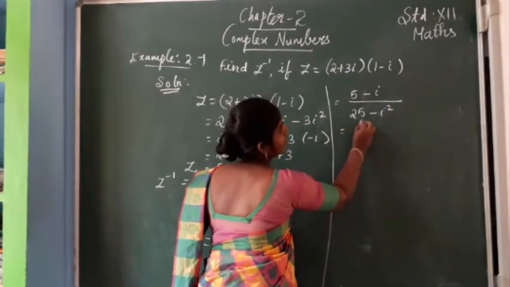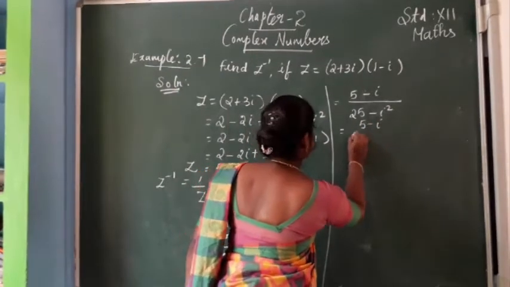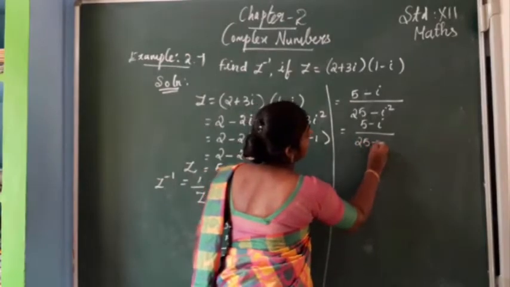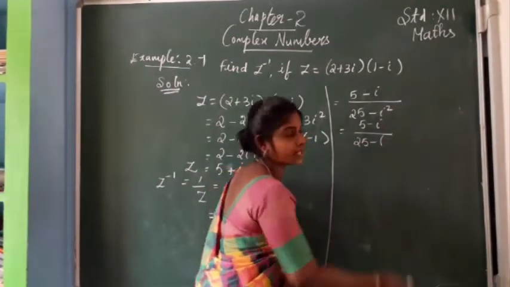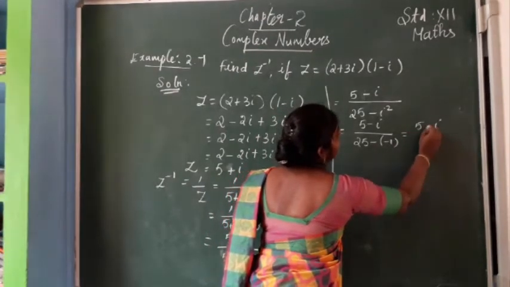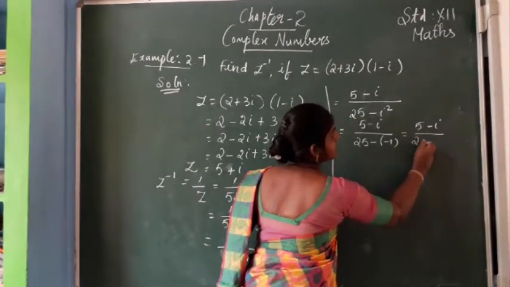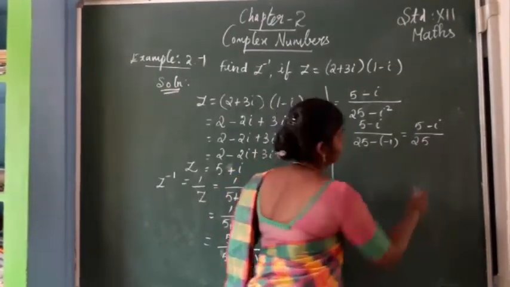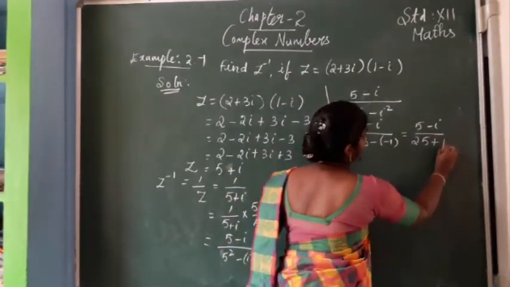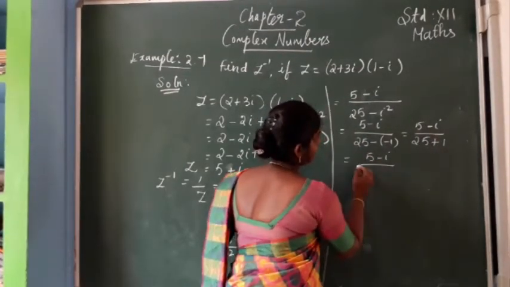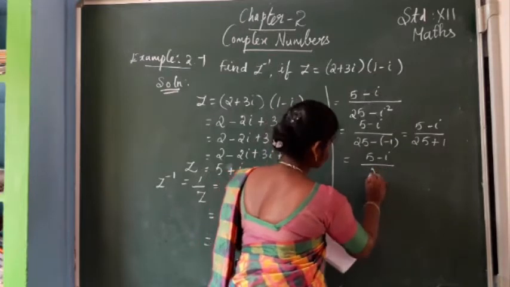That's equal to (5 minus i) divided by 25 minus i square, where the value of i square is minus 1. So 25, minus into minus is plus 1, which gives (5 minus i) divided by 26.